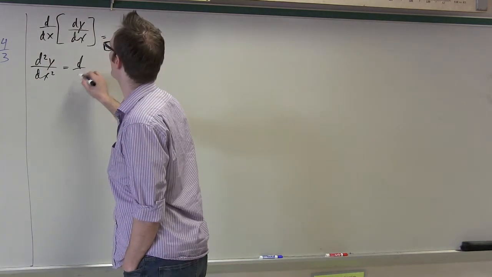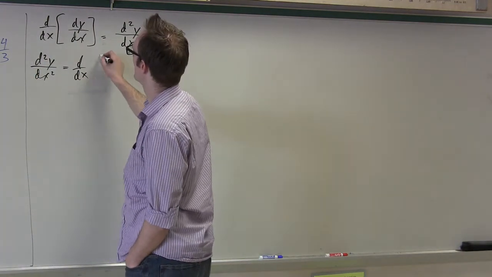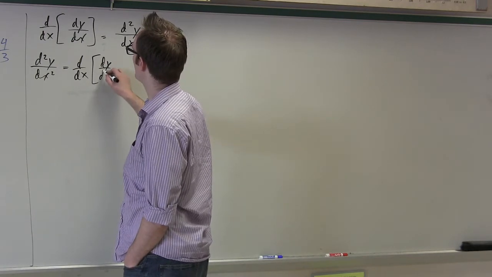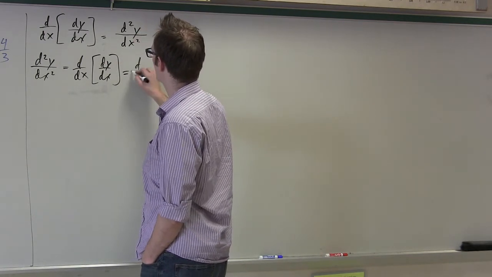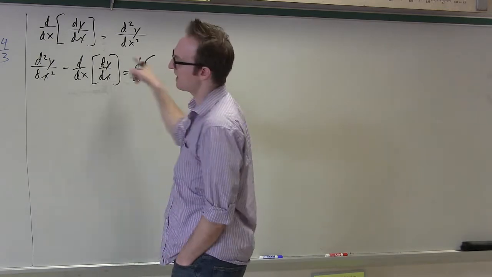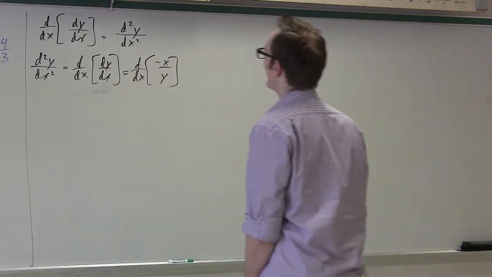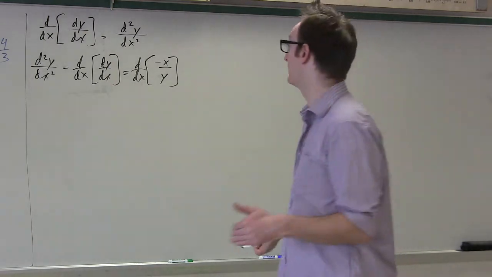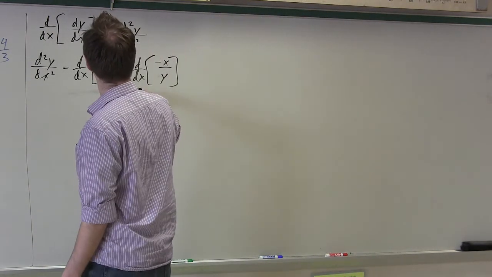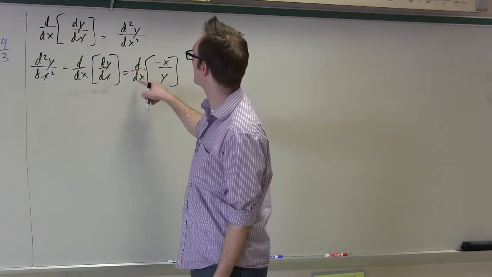Okay, so what is d squared y dx squared for this particular problem? Well, it's just the derivative with respect to x of dy dx. In other words, it's the derivative with respect to x of negative x over y. Now I can just do that. That's going to require the quotient rule. So let's do it.